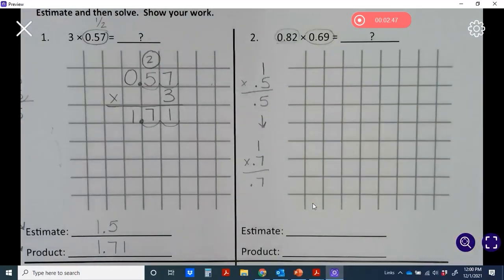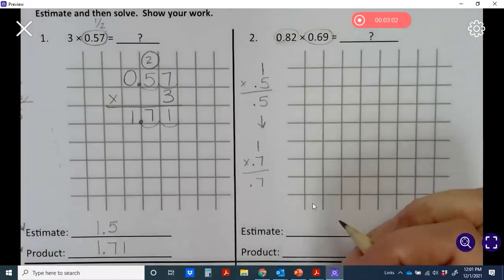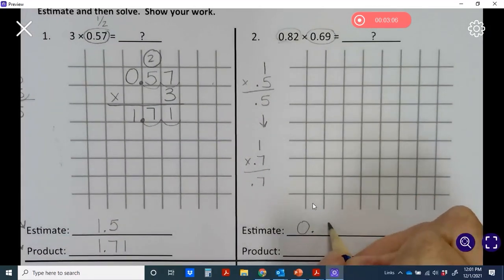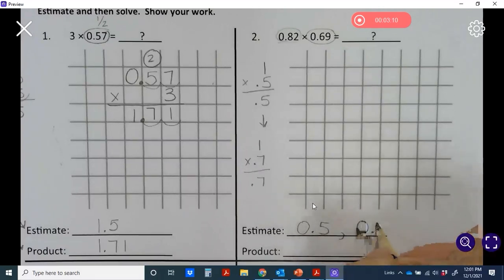Something like that would be fine too. It all depends on how your teacher asked you. A lot of times they're asking you to round to either 0, a half, or a whole for estimating. I know teachers are pretty lenient when they ask you to estimate, so anything like this would be okay.